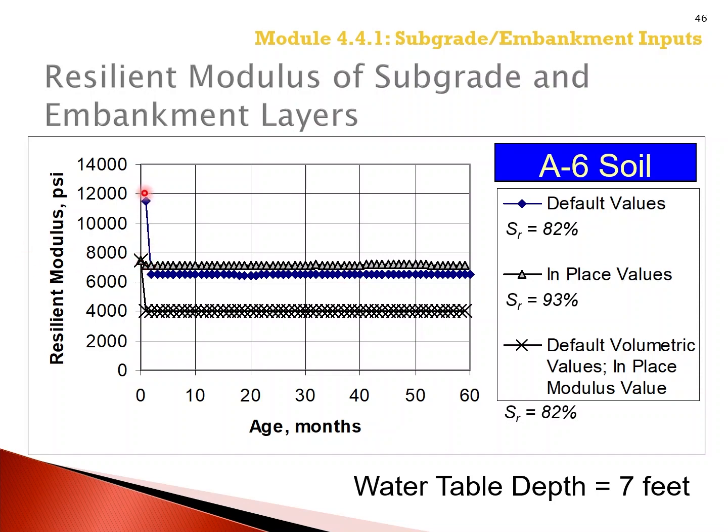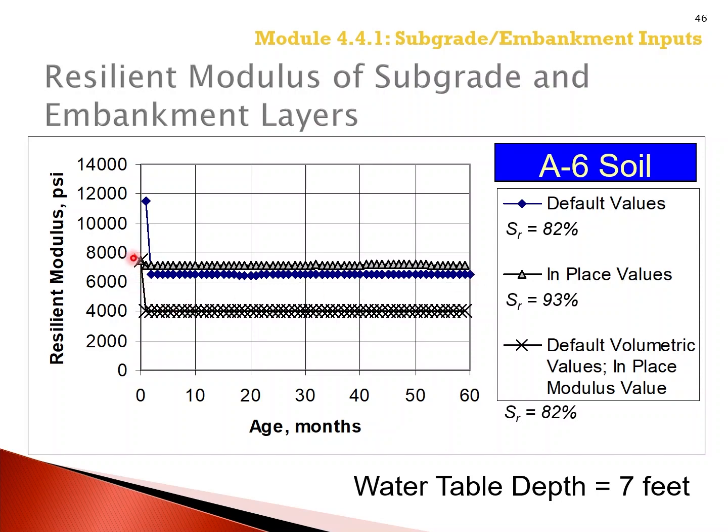So in this case, we would want to enter the resilient modulus measured at optimum conditions and enter water content and maximum dry density associated with the optimum conditions and resilient modulus, and the program will take care of the reduction of resilient modulus over time.